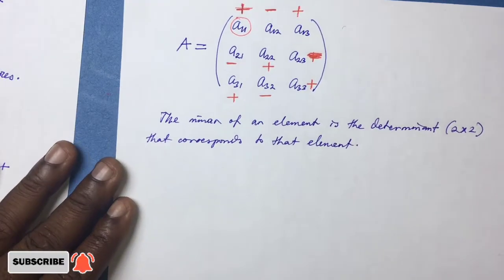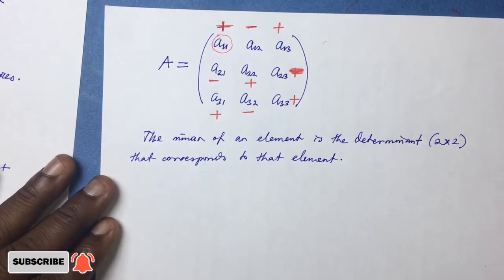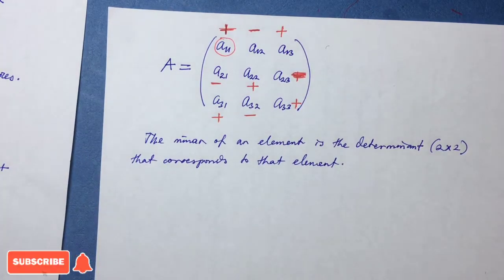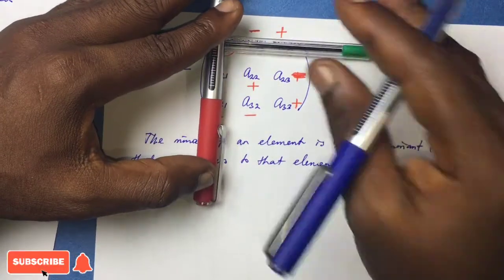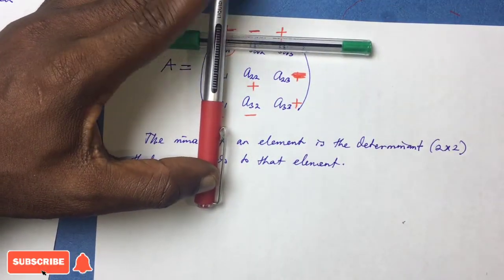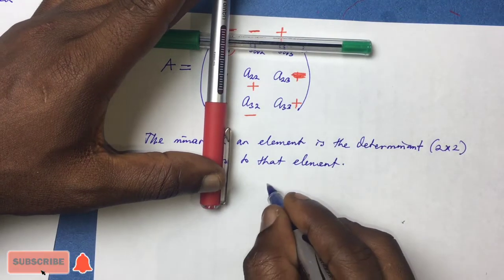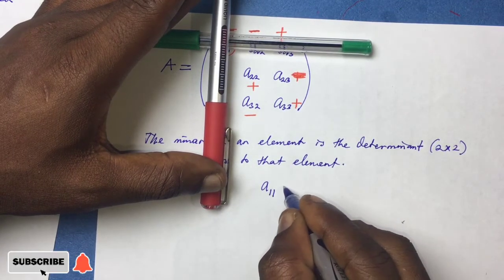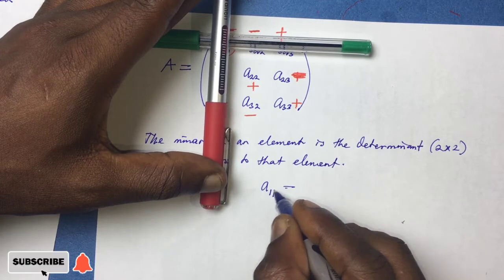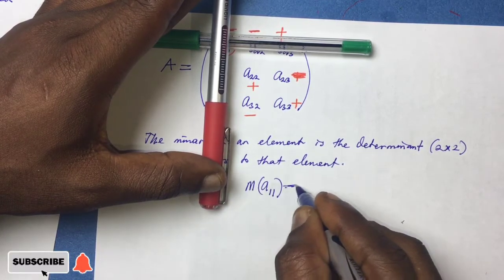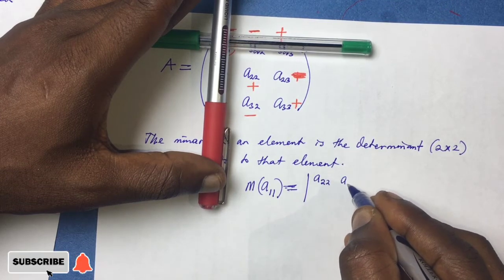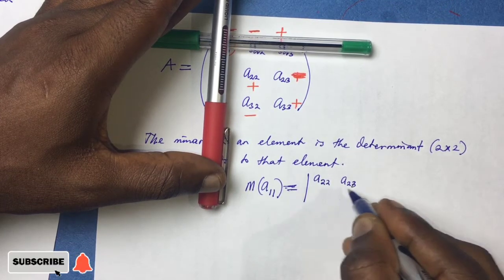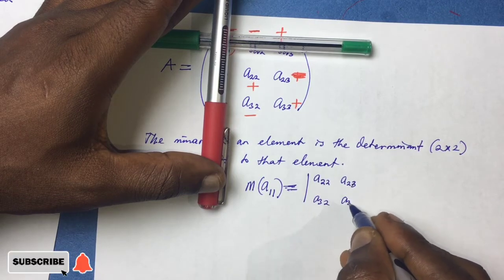Now, let's see. So what that means is this. Take note. If I want to obtain the minor of A11, all I will need to do is to cross out A11. Do you see it? So cross out A11 and the minor of A11, MA11, will now be the determinant of the 2 by 2 matrix there: A22, A23, A32, and then A33.